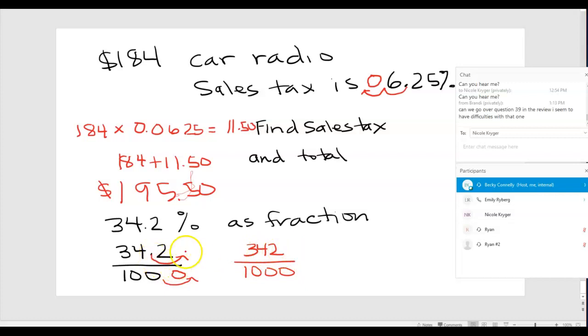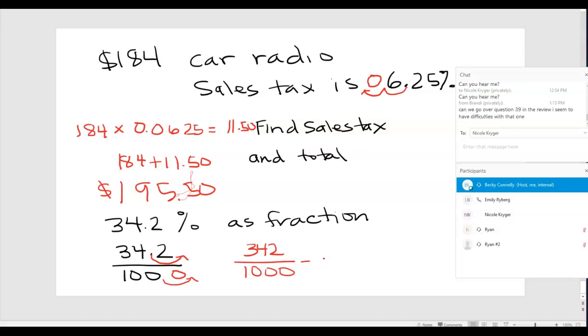We were just moving it one place to move it to the end. So 342 over 1,000. Does that make sense? Yeah, you should have only done it by 10 because you're just trying to move that decimal point right to the end of it.